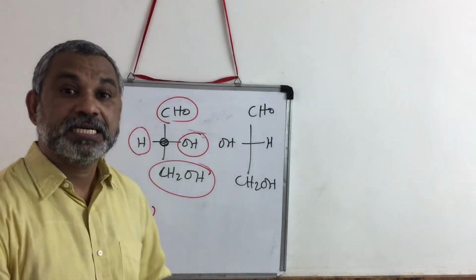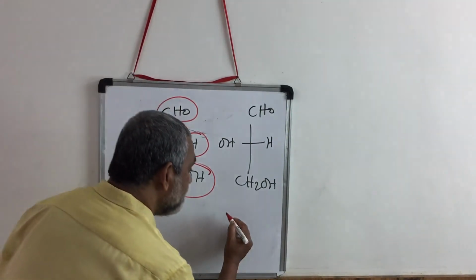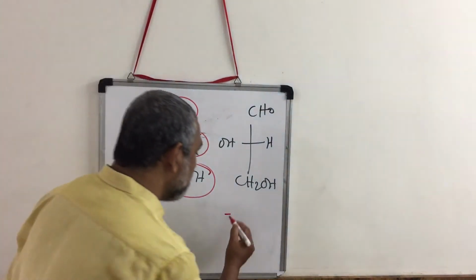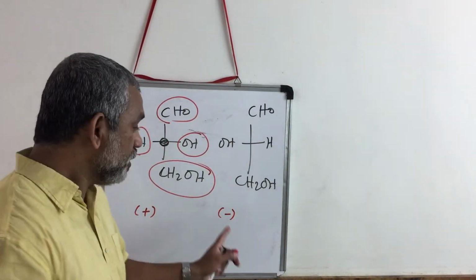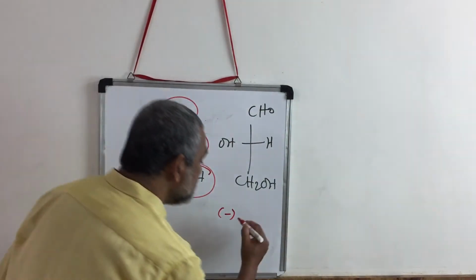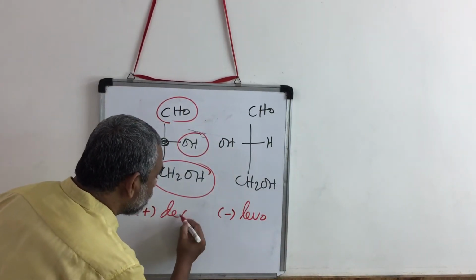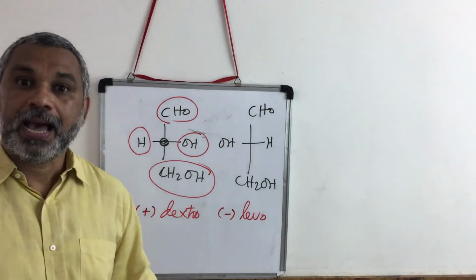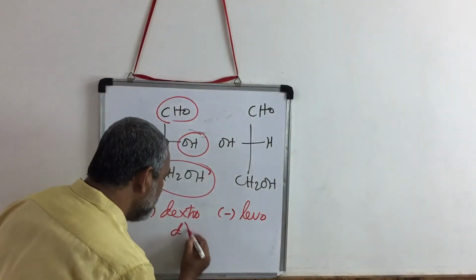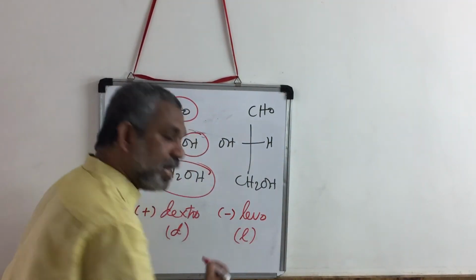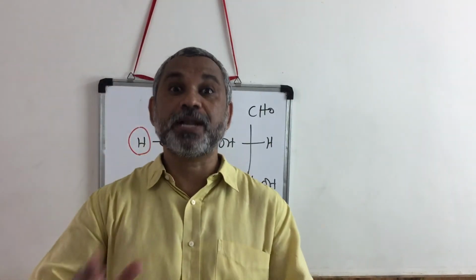If it is rotating to the left hand side, we denote it by a minus sign. Minus is levorotatory and plus is dextrorotatory, denoted by small d and small l. So this is how we represent.